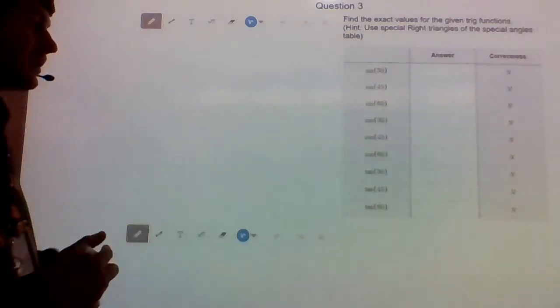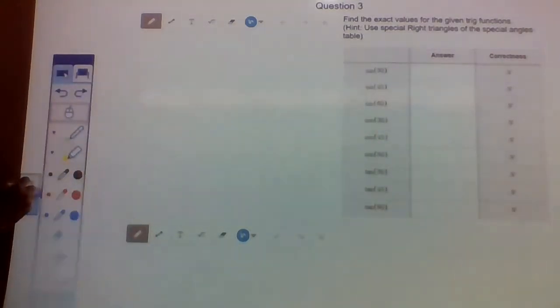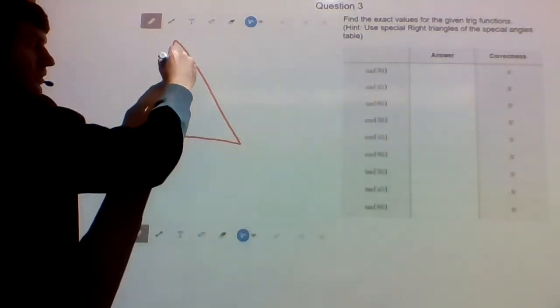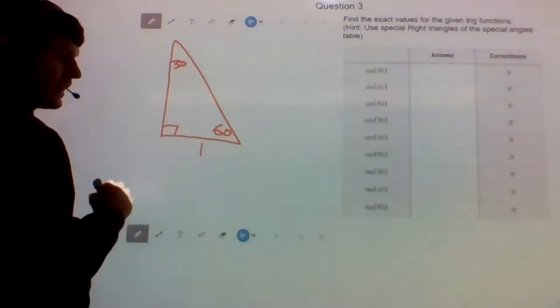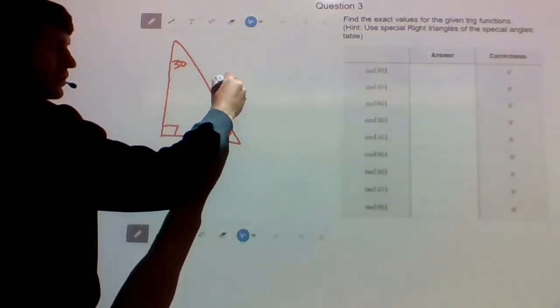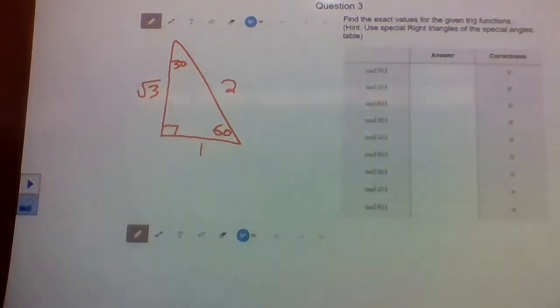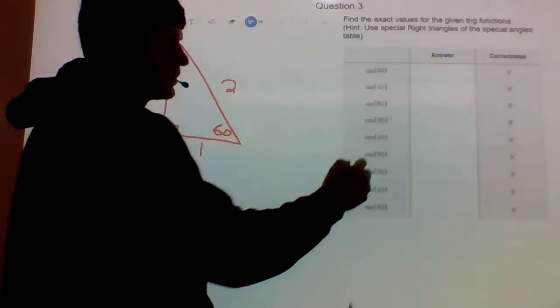Right, but sine of 30, we got these from our special right triangles. Right, so we got our 30, 60, 90 triangle. So here's our 30, here's our 60. If we make that 1, right, our special right triangles rule, the hypotenuse is 2 times the short leg. The long leg is the square root of 3 times the short leg. And that's how we get all of these ratios. So the sine of 30 would be 1 over 2.